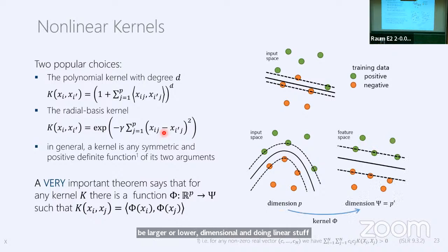This is how it looks. We go from this space and transform it into some other space, and doing linear dot products in here is the same as computing the kernel in the original space. This is a general theorem which says that any kernel function which is positive semi-definite can be equivalently represented in this form.